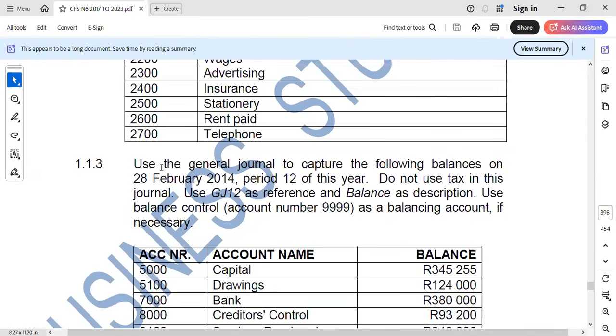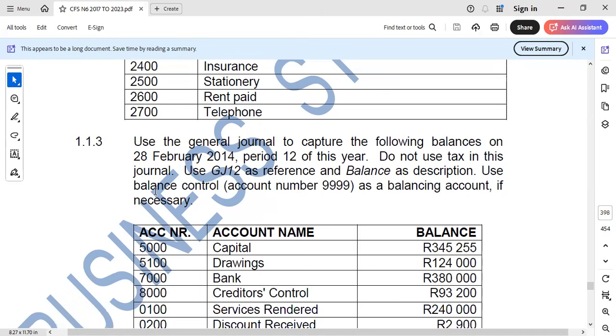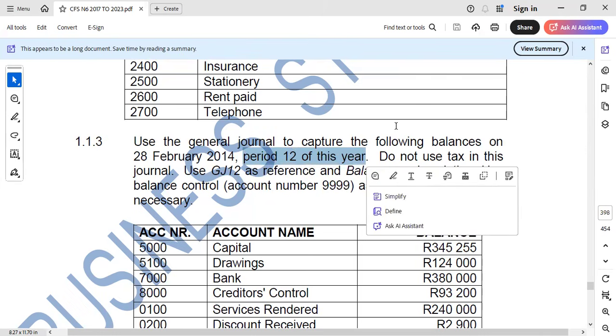1.1.3, use the journal to capture the following balances on the 28th of February 2014, period 12 of this year. This part is very, very, very important because it tells you on which year or on which period. They are saying period 12 of this year.